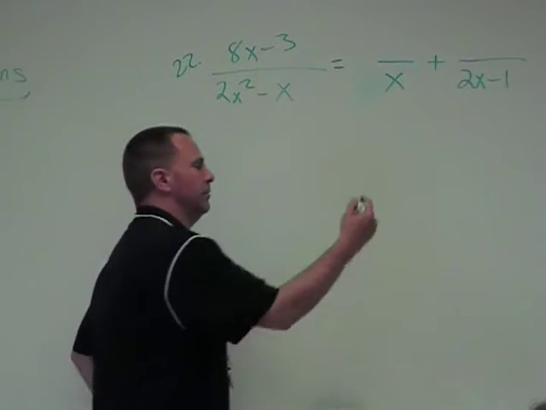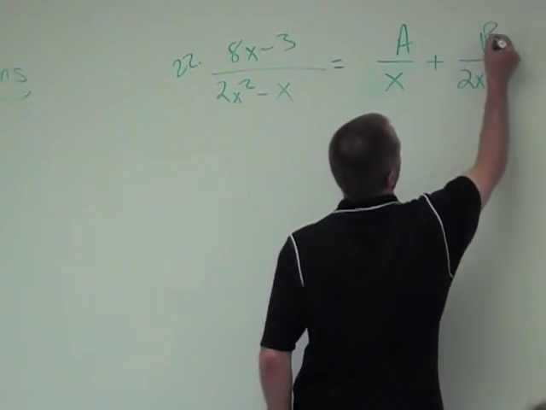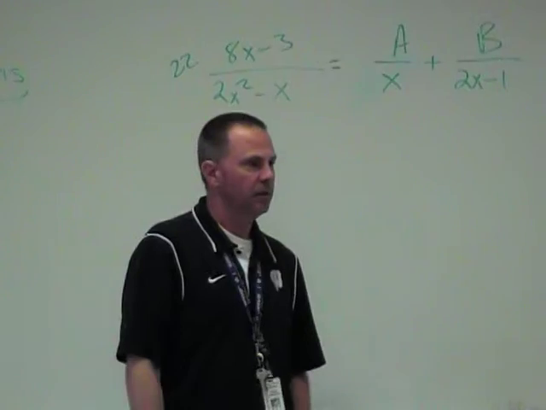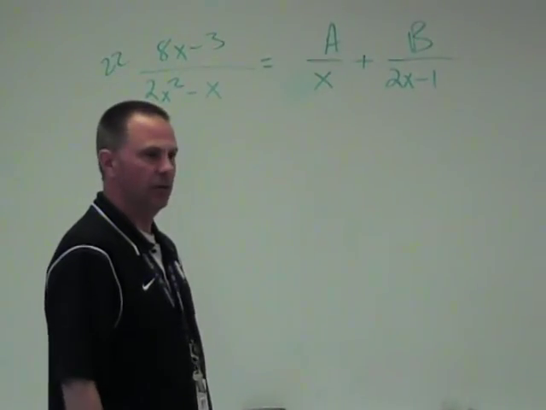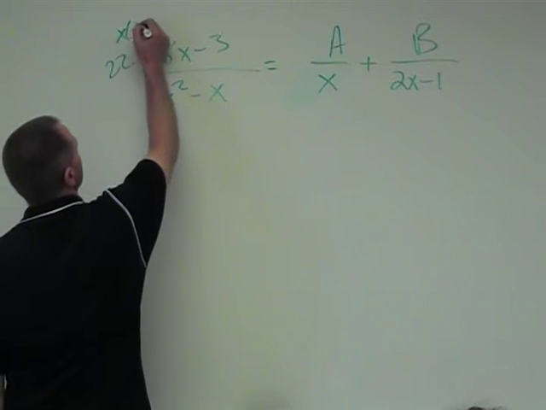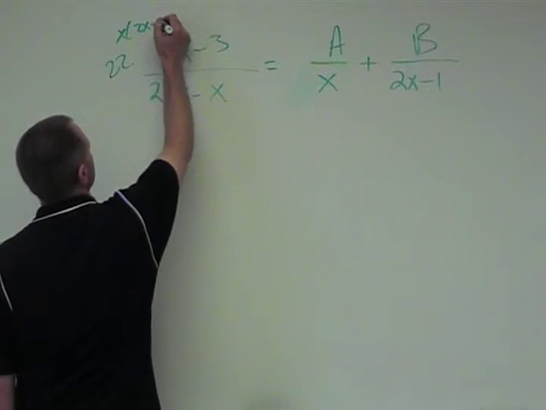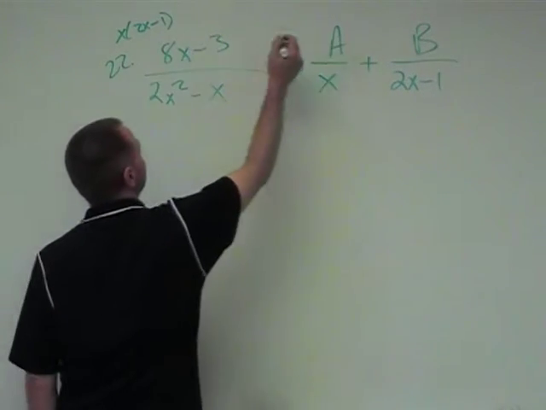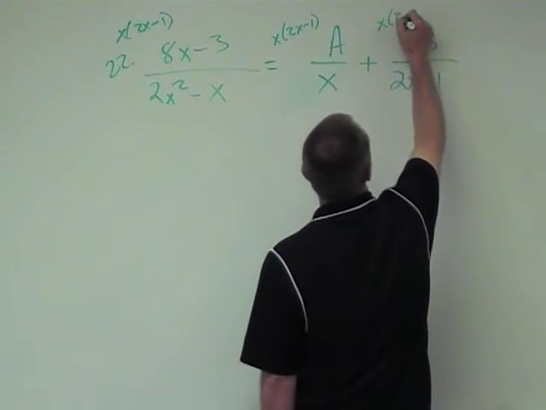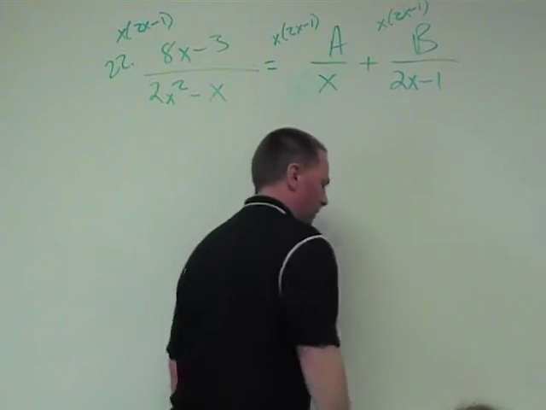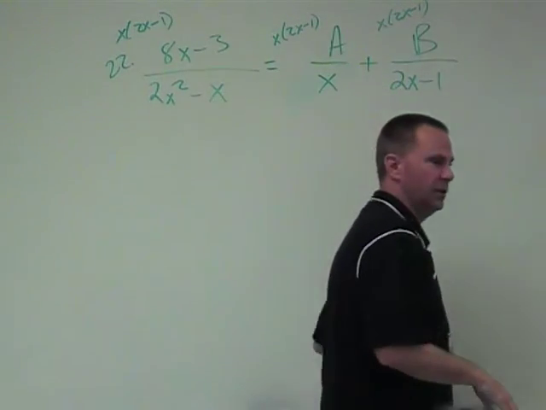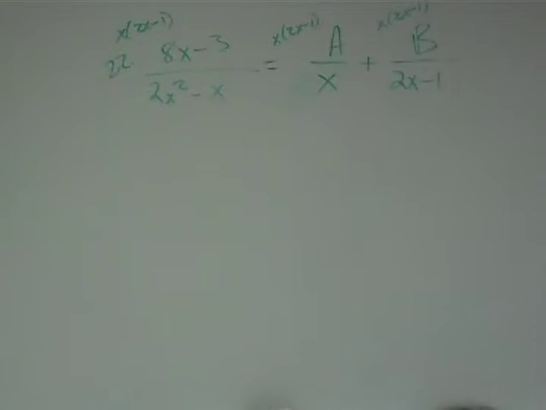What's the next step? I don't know my numerator, so what's the next step? We know what the common denominator is. So we're going to multiply by x times 2x minus 1 in every term. Everybody try that. If you're stuck, just sit there and wait. But if you can do it, go ahead and try it.